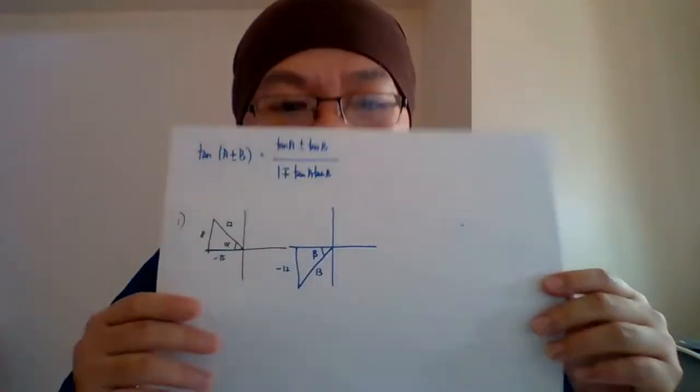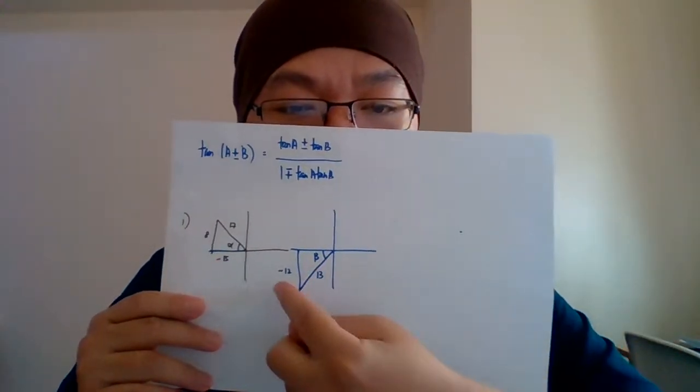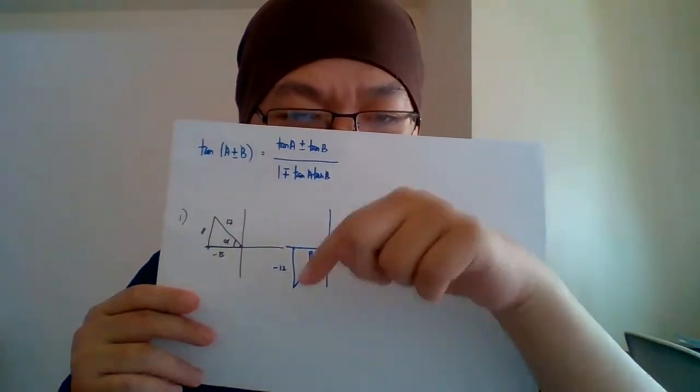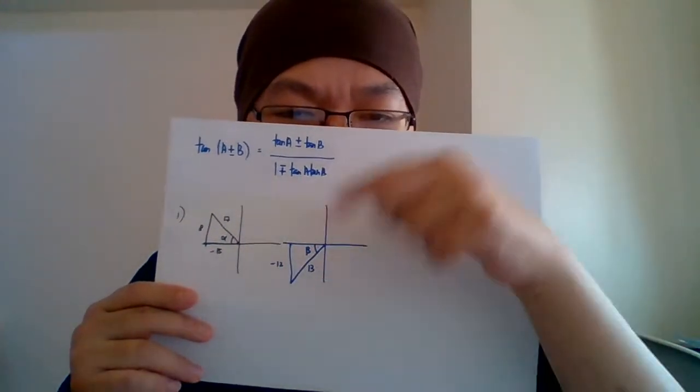So kita lukis lagi third quadrant. This is your beta. So beta negative 12, sine is opposite over hypo. This is your beta on the third quadrant. Beta negative 12/13. Negative, kenapa? Because you are moving downwards on the y axis.